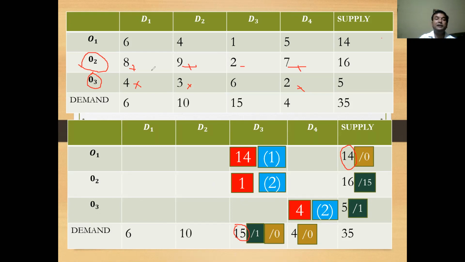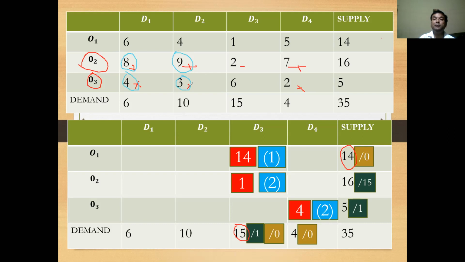So what are the items that can be thought of from origin 2 and origin 3? This 8 is there, this 9 is there, then this 7 nothing to think, then this 4 is also there, and this 3 is also there. Out of this, which one is the minimum?